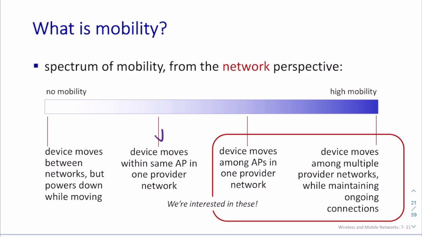So you have a single AP under one provider network, for example, ADSL or cable network. But you cannot go too far away, because a BSS has its service range. But you can still move.